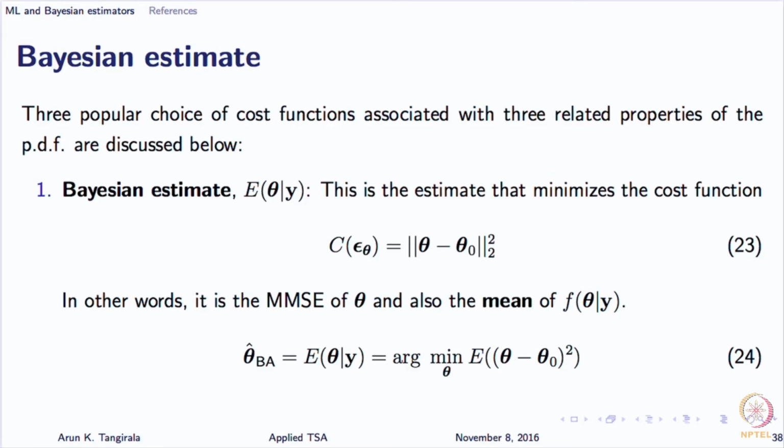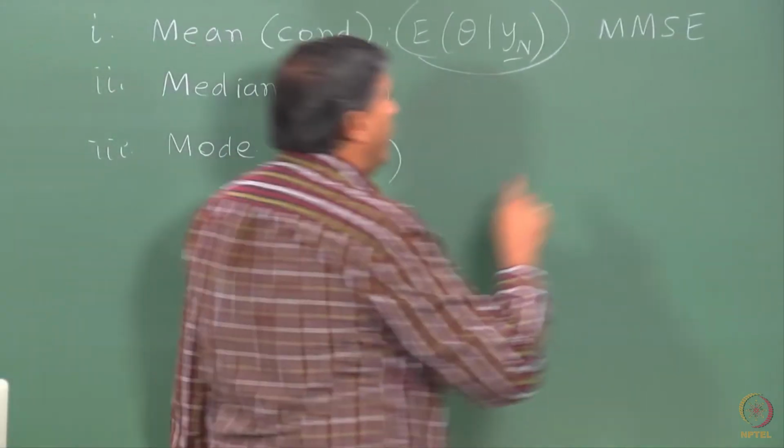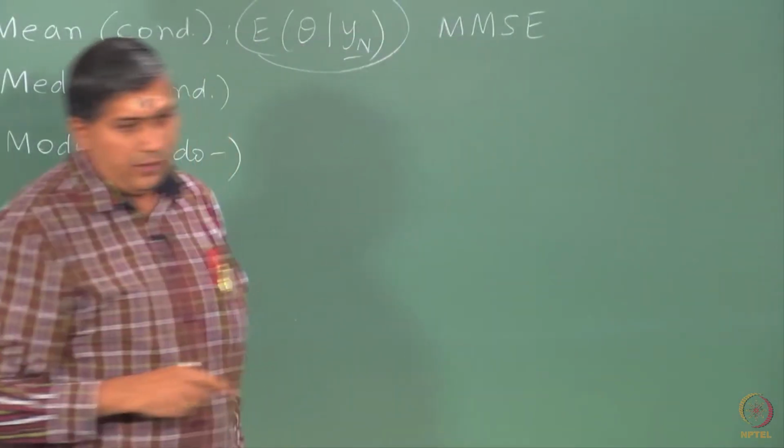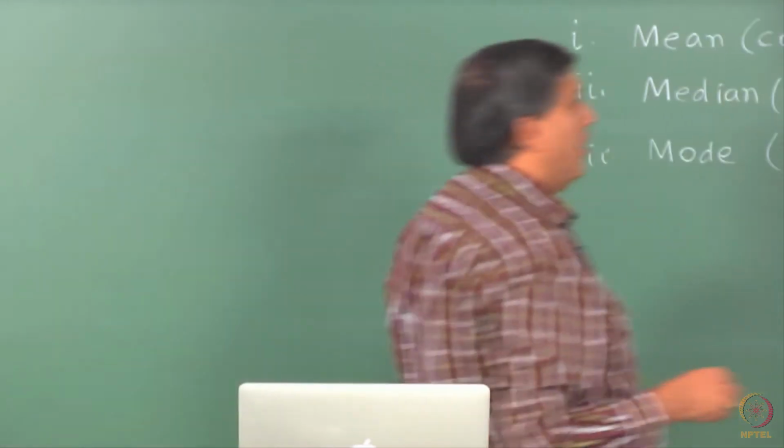Although the general Bayesian estimation, when we talk about it, it always refers to computation of the posterior. Specifically, when you say I am working with a Bayesian estimate, you are working with this conditional expectation, which also happens to be the minimum mean square error estimate. That is, this minimizes the sum squared error between the estimate and the truth.